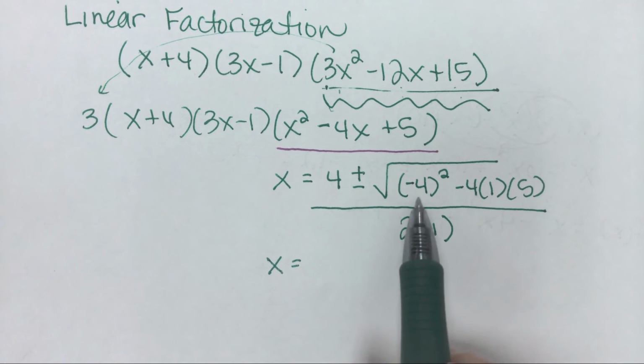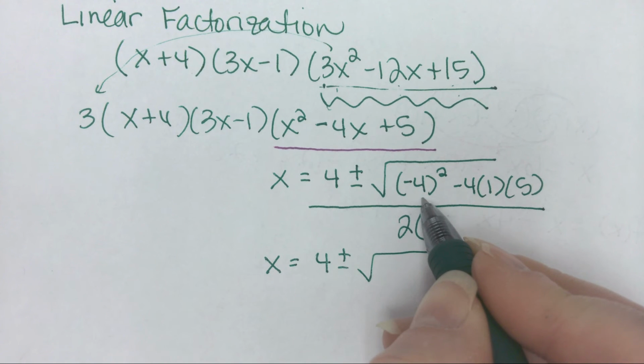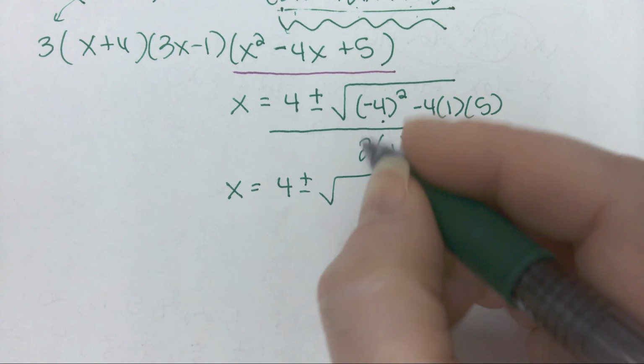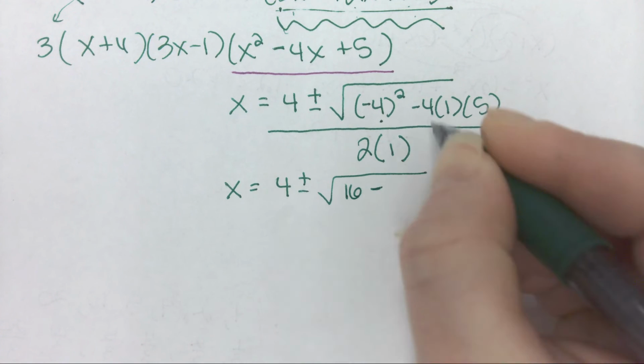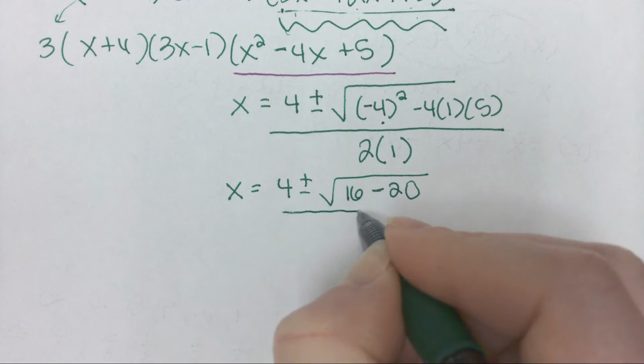So, in my quadratic, negative 4 squared is 16, and I have 16 minus 20, over 2.